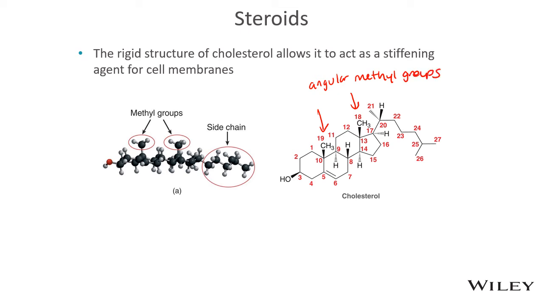Now these groups are important because they help determine the stereochemistry of the other substituents on the cholesterol skeleton. If the substituents are on the same side as the angular methyl groups, those are known as beta substituents. If they're on the opposite side, they're known as alpha substituents.